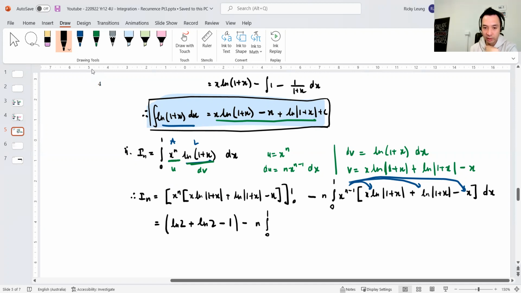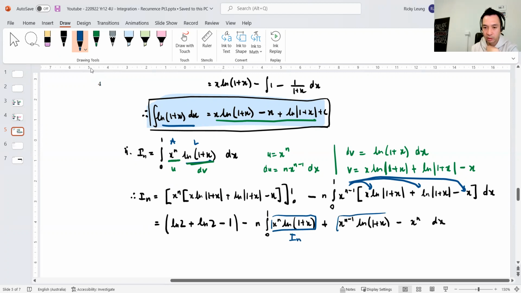Now what do I have here? I've got x^n ln(1+x). I'll use brackets again to make it look like the original. Doesn't matter. Plus x^(n-1) ln(1+x), and minus x^n. So this guy here, that's I_n.